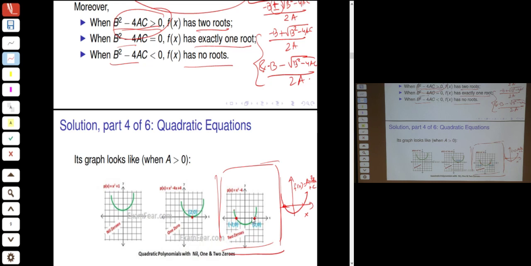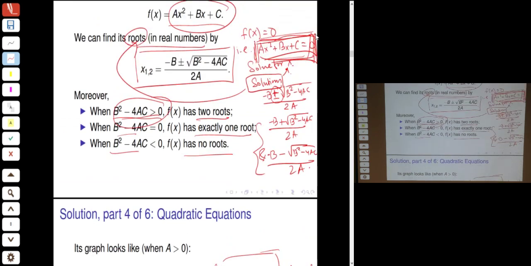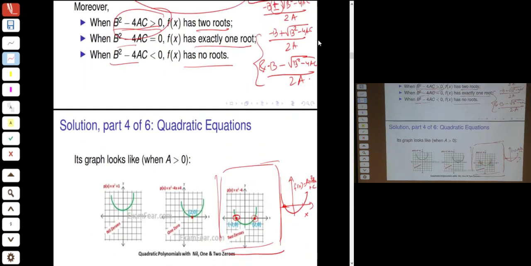At these 2 points, the y coordinate of the graph is 0. So the x coordinates of these 2 points are the solutions to the equation ax squared plus bx plus c equal to 0. Okay. So these are the roots. This is the case when b squared minus 4ac is positive.